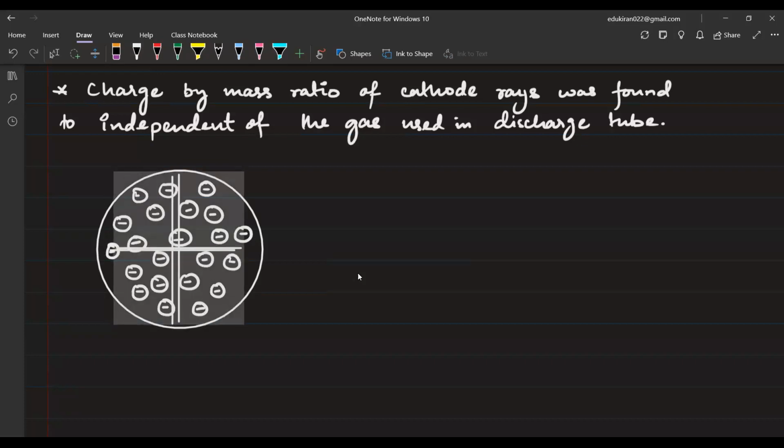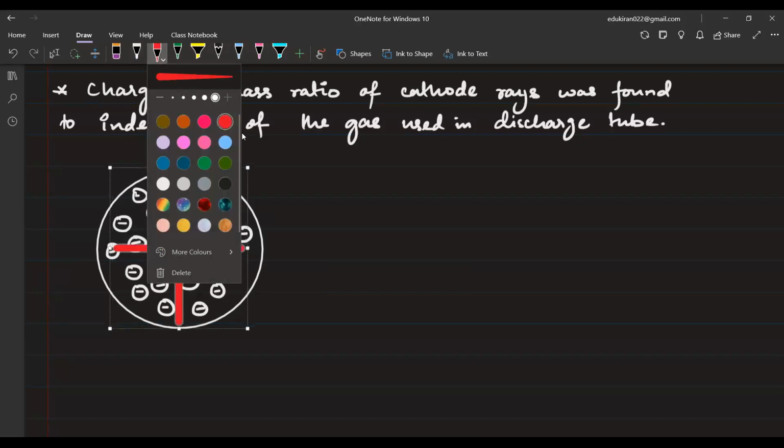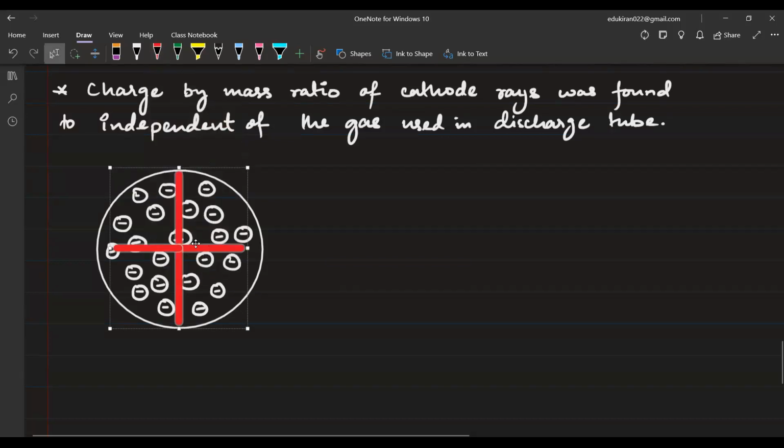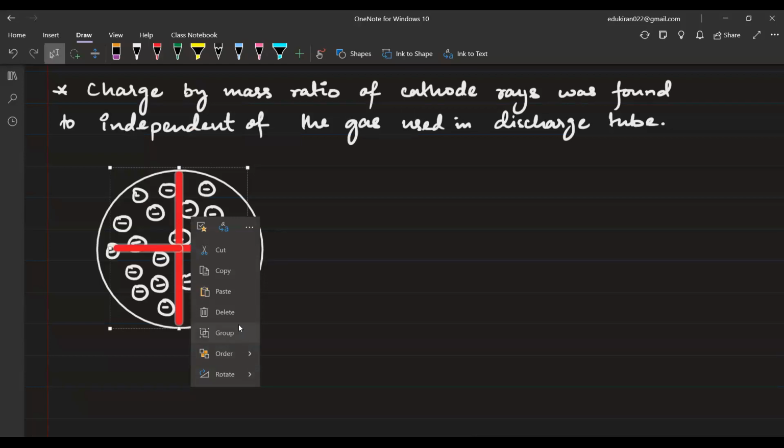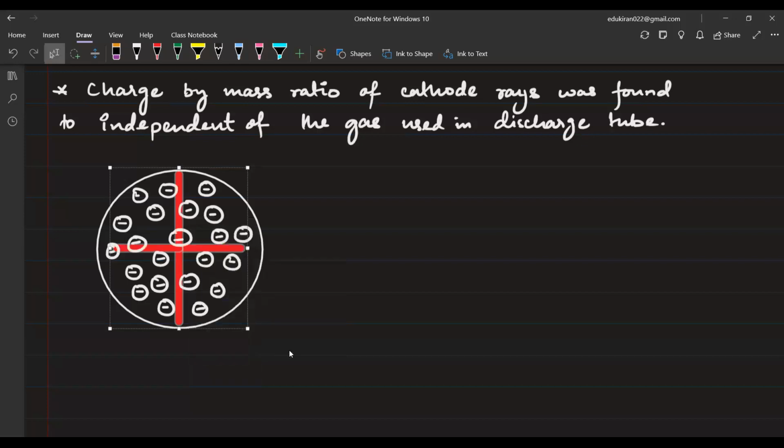Should I bold this? Maybe I should. The complete atom is of positive charge, and the electrons are embedded inside the atom.